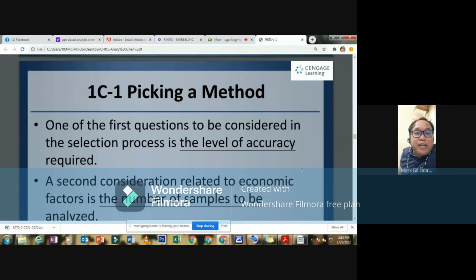So what's the difference between the two? Sir, on the quantitative, we're basing on numbers and calculations, while qualitative, we're focusing on the physical traits or the quality of a substance. Okay, very good.